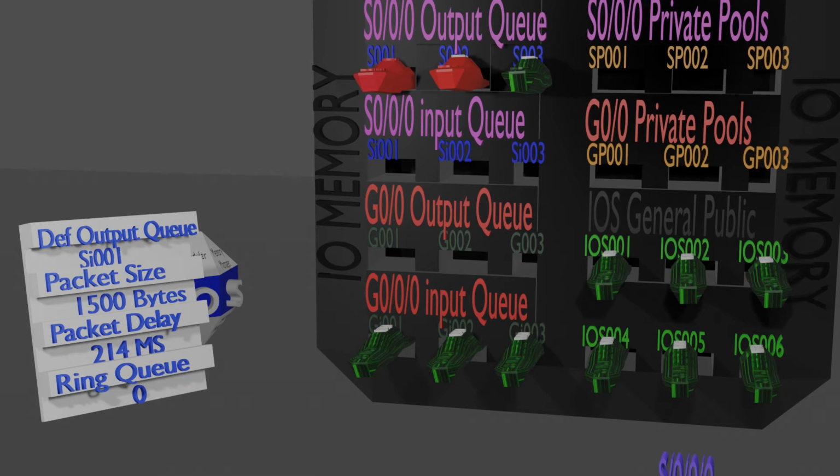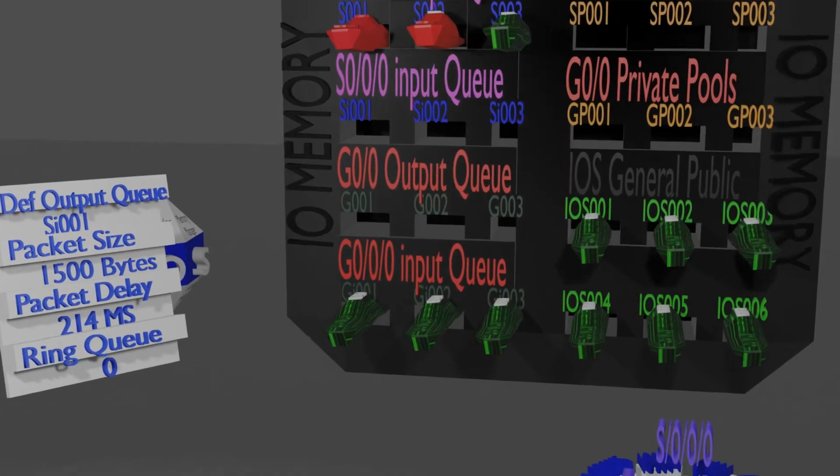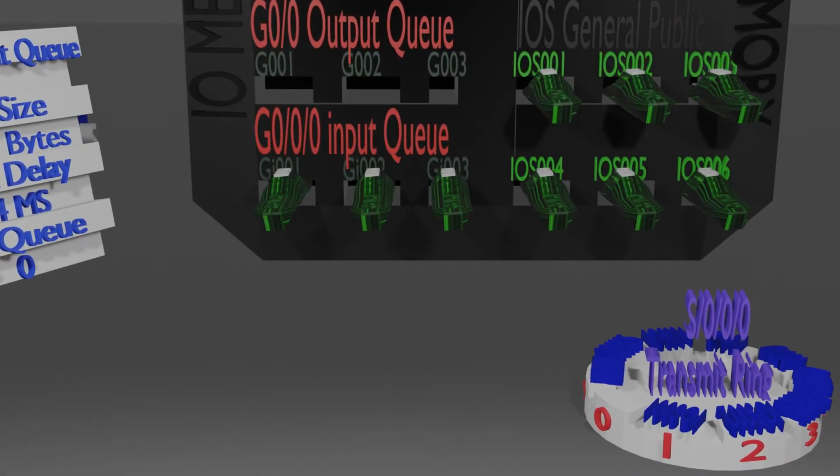In this example, we see the problems that could occur when FIFO queuing is used on low bandwidth interfaces like serial interfaces. We see two 1500 byte data packets followed by an 87 byte VoIP packet. As these packets wait to be assigned to the transmit ring, there's only one spot available on the transmit ring.